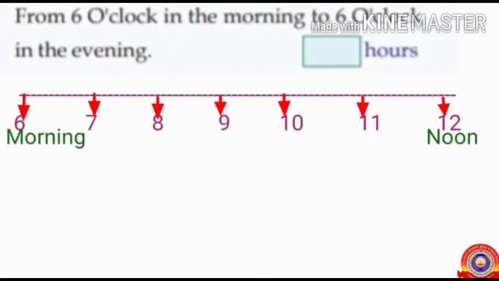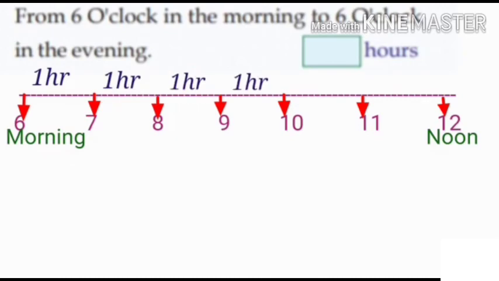From 6 o'clock to 7 o'clock, 1 hour. 7 o'clock to 8 o'clock, 1 hour. 8 o'clock to 9 o'clock, 1 hour. 9 o'clock to 10 o'clock, 1 hour. 10 o'clock to 11 o'clock, 1 hour. And 11 o'clock to 12 noon, 1 hour. Total 1 hour plus 1 hour plus 1 hour plus 1 hour plus 1 hour plus 1 hour is equal to 6 hours.